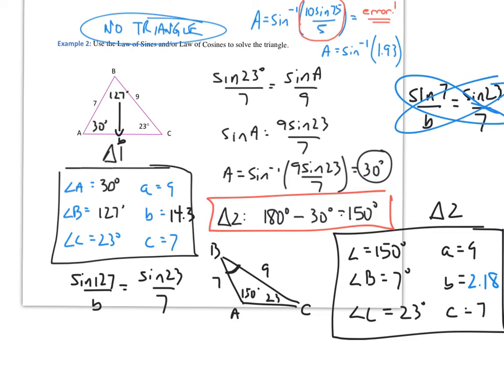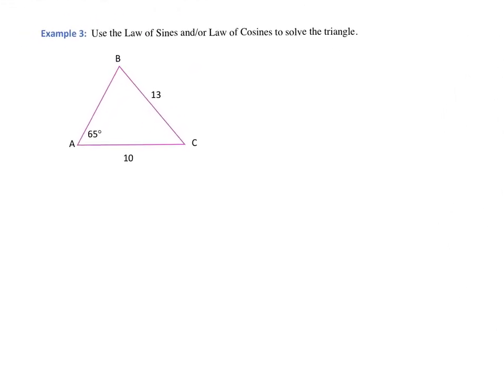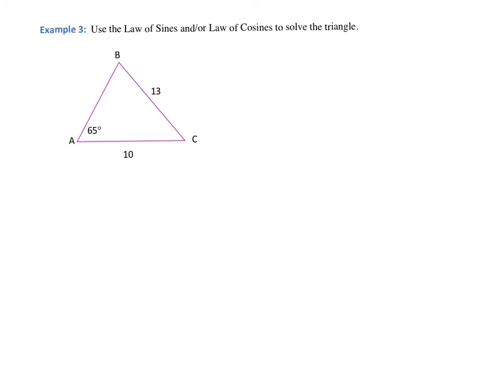All right, let's go on to the third example. Since it's ASS, we can always use the law of sines. So would you agree that I can do sine of 65 over 13 is equal to sine of B over 10?